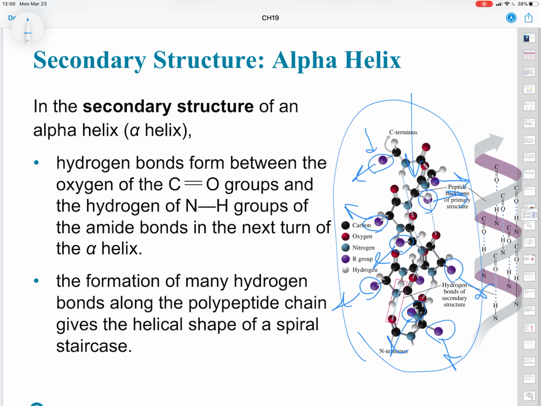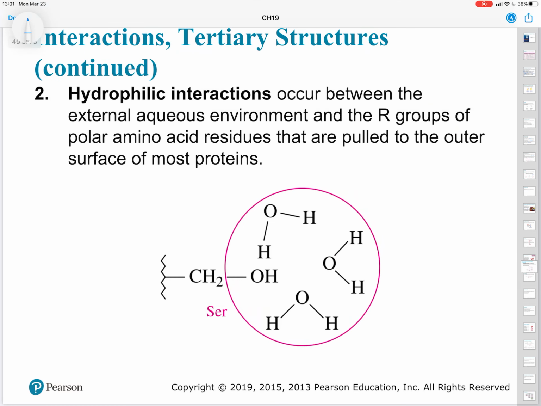But anyways, the hydrogen bonds form between the backbone. So the nitrogen of one amino acid and its hydrogen are finding the carbonyl of an amino acid that's about 4 down the line, and hydrogen bonding with it, connecting together.